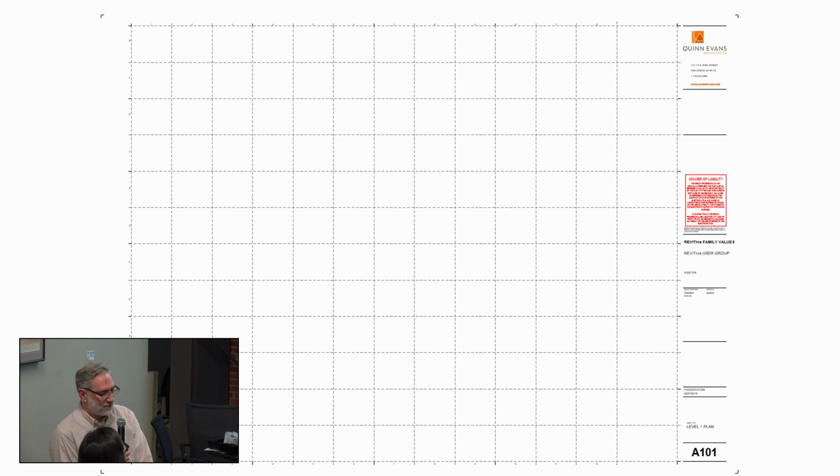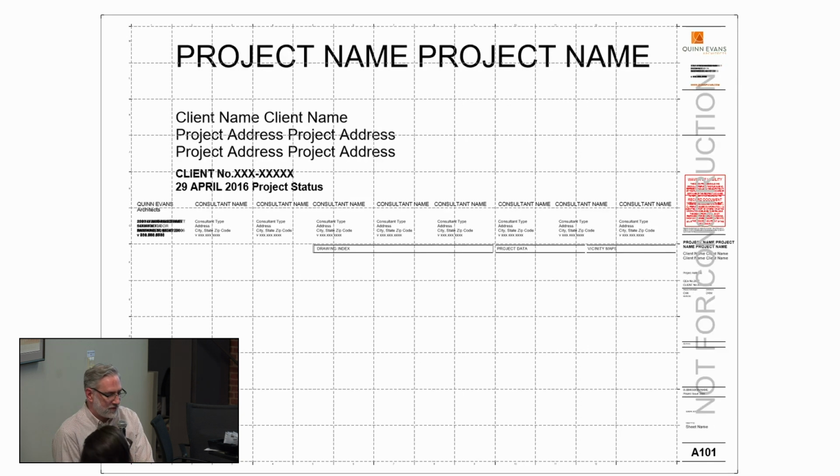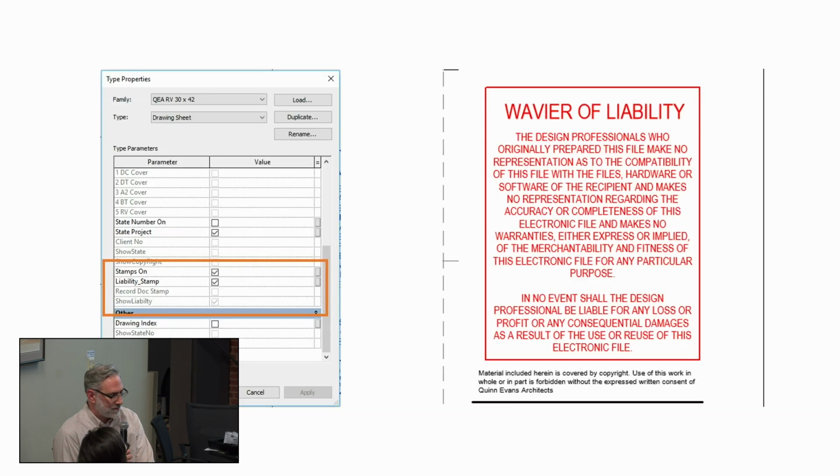Another example of how all of this works together is some cases we're going to need a stamp. In this case, we have 2, a waiver of liability and a drawing record, and you can see those in red. And this is what the project view looks like. Again, within the family, you can see the big red blocks over in the title block side.